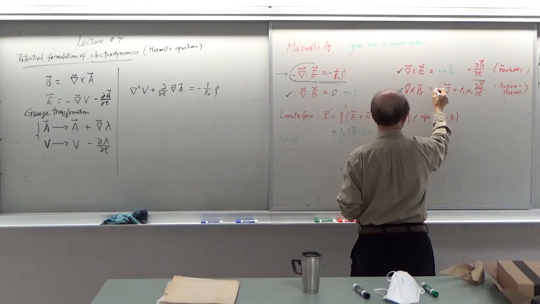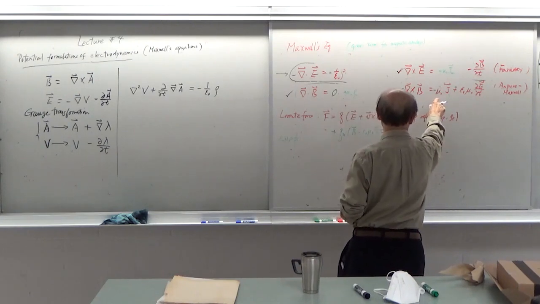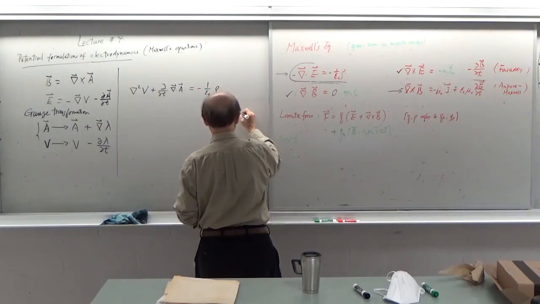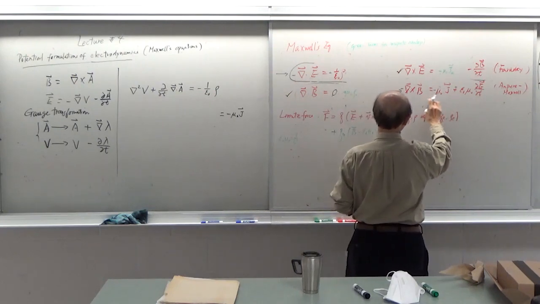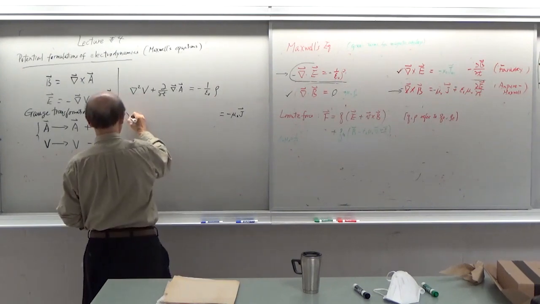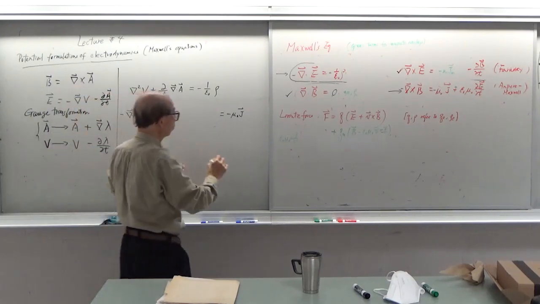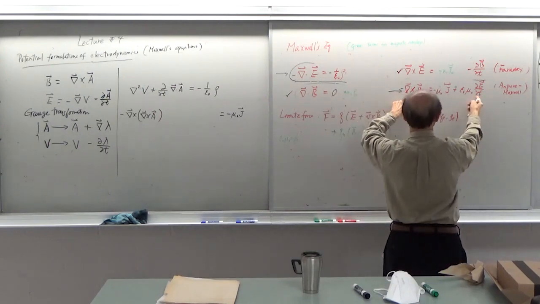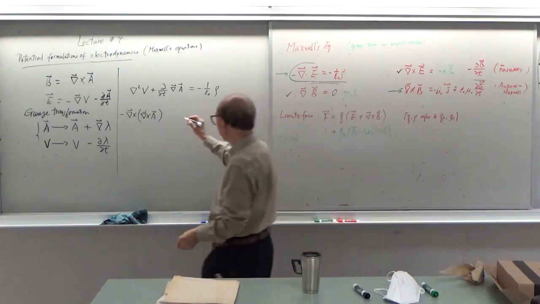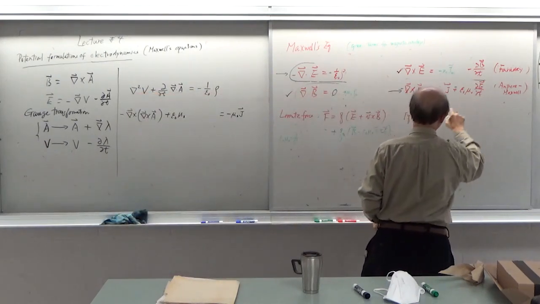And then, on the right hand side, I have minus mu naught J. And then this term will be minus the curl of curl A. And then this term, put it to the other side, the left side, will be plus epsilon naught mu naught del E by del t.